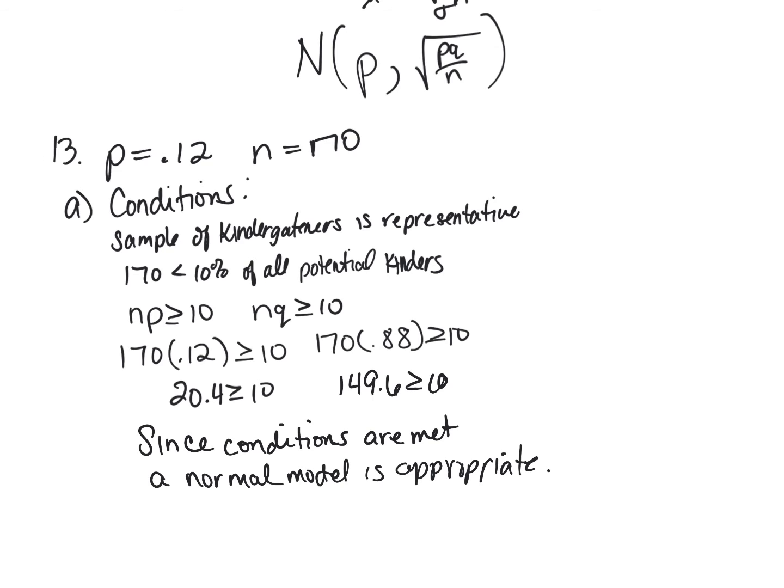Is my sample less than 10% of the population? If Elsinore High School has a population of 2,000 students, our sample should not be more than what? 200, right? It needs to be 200 or less to meet the 10% condition.